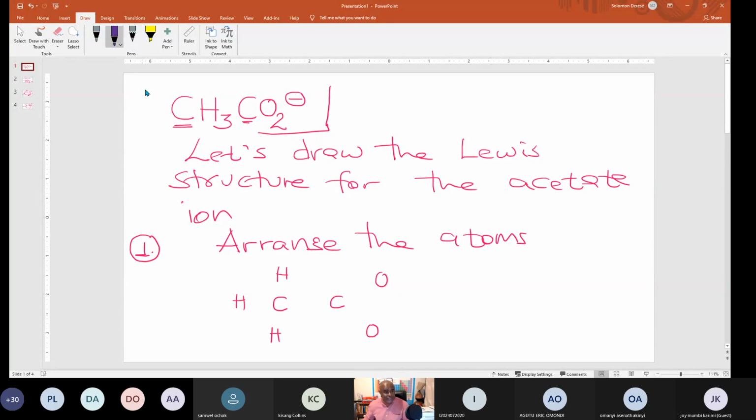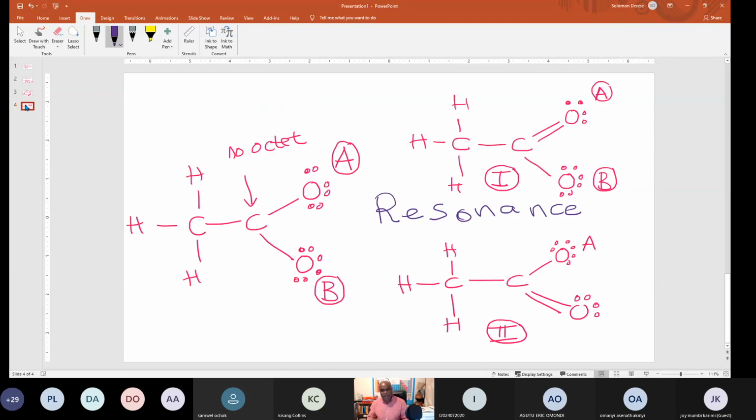So we have to calculate the formal charges on each of the elements to determine which element of the acetate ion brought this -1 charge. If you do a simple calculation, you'll find that the charge on this oxygen is -1, and the charge on this other oxygen is -1.